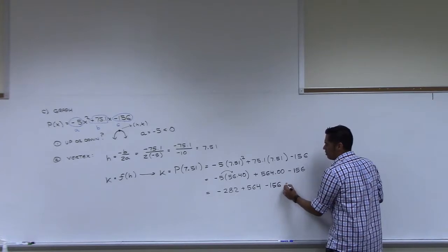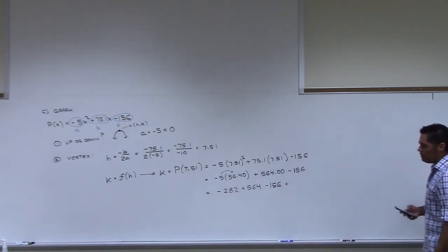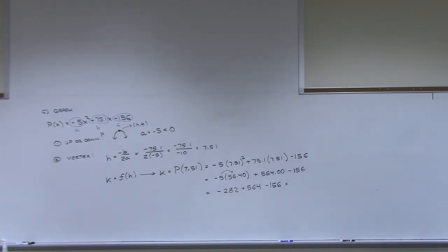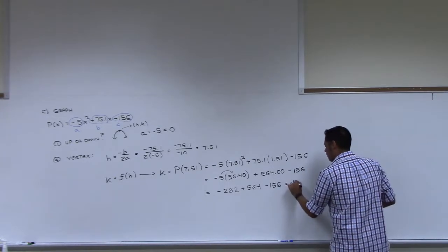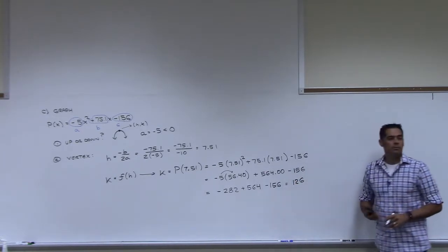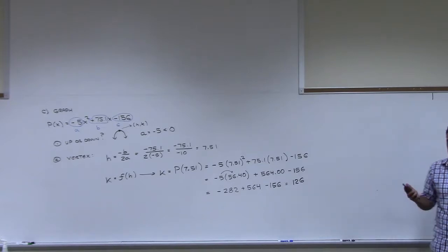So these numbers actually turn out to be pretty decent, the way they round. Now I do that on my calculator. I get 126. Okay? Any questions here?